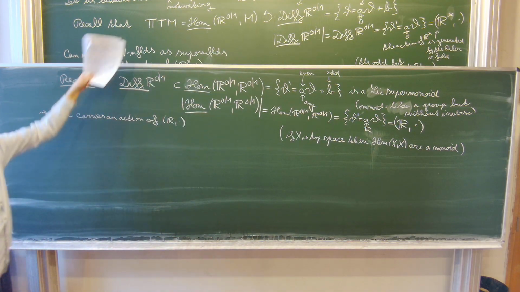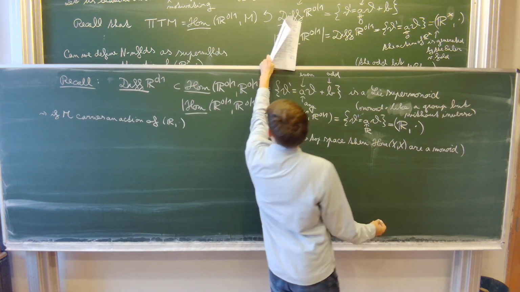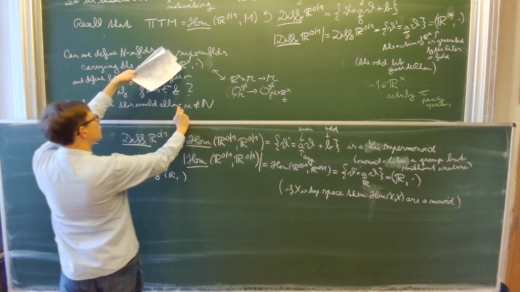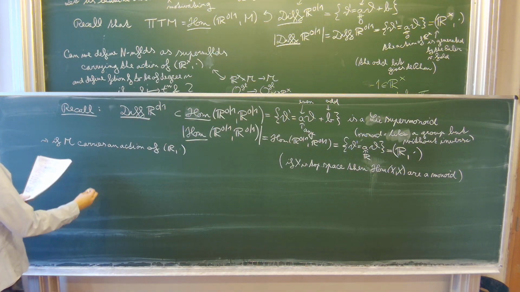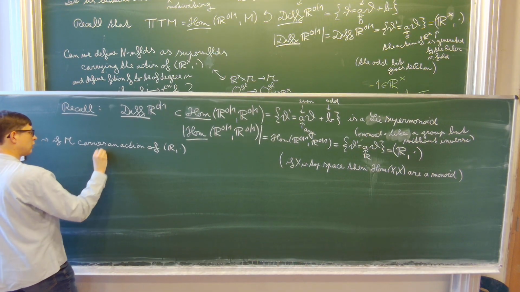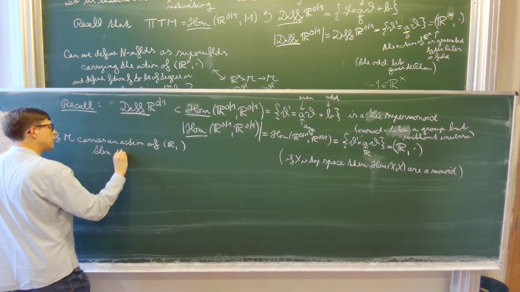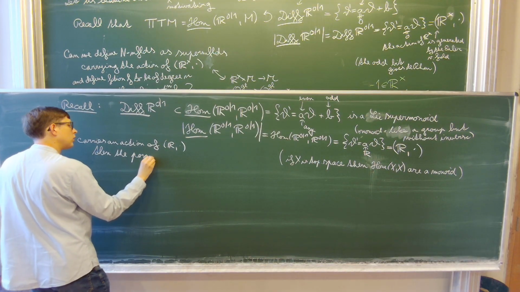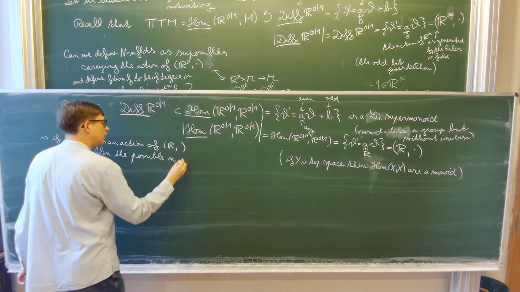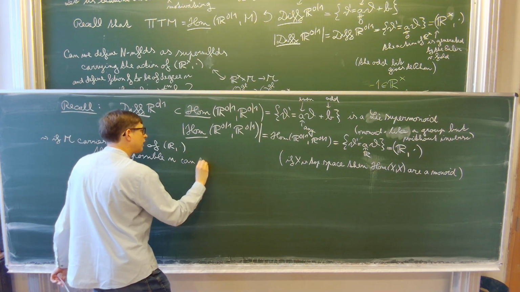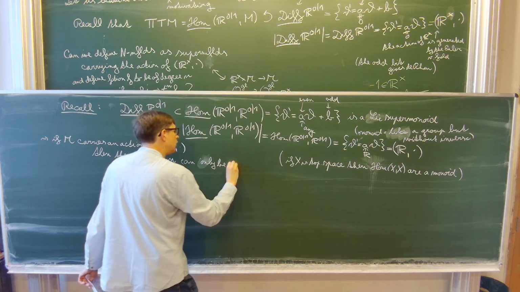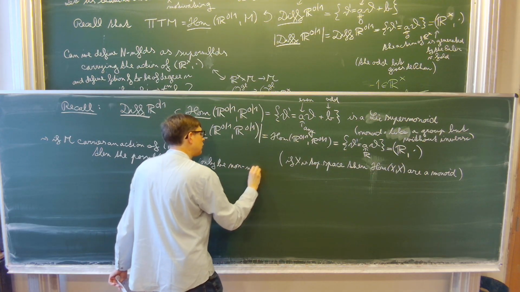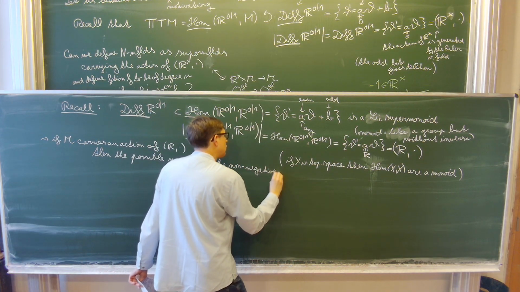It's just like, what would happen if, instead of having an action of R cross with the product, we would take the full R. Then the possible n can only be non-negative integers.